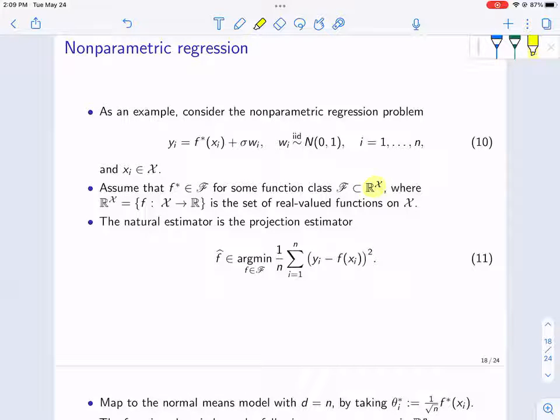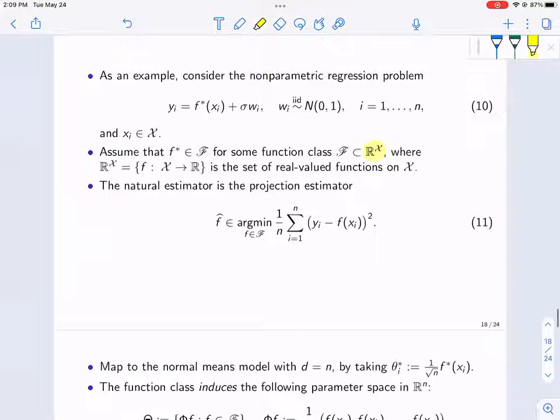Whether you can solve something like this for a general function class is a good practical question, but as I mentioned, for now, let's assume that we can solve this. Or even if we can't solve it, we can try to approximate it or basically analyze it, even if we can't find the function. The question is, what can we say about the properties of this estimator?